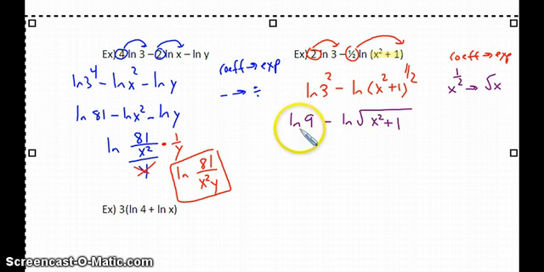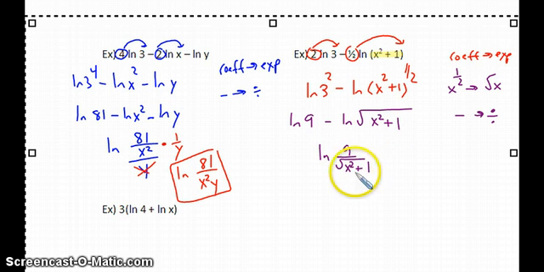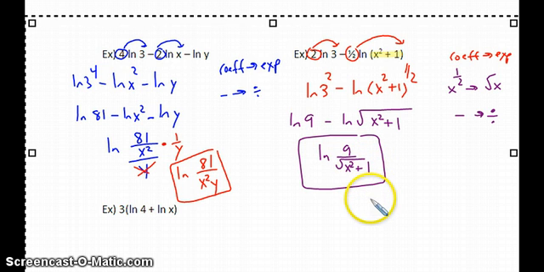Now you can consolidate the two logs that you're subtracting, change your subtraction into division. So natural log of 9 divided by the square root of x squared plus 1. Now for what we're doing, we're going to leave this radical in the denominator. We're not going to go through and rationalize that. So we would leave our answer as a natural log of 9 over the square root of x squared plus 1.